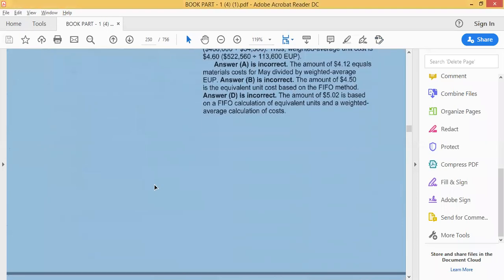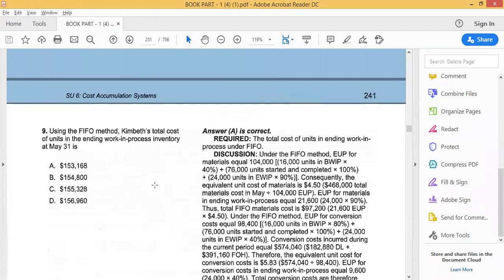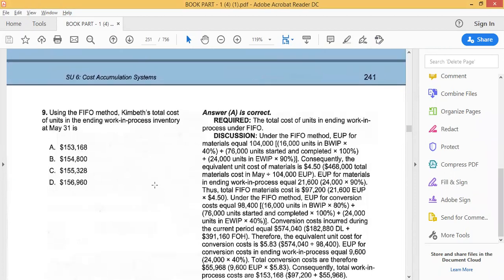So let's try the next question. Next question is about the calculation of this one we call evaluation of work in process.